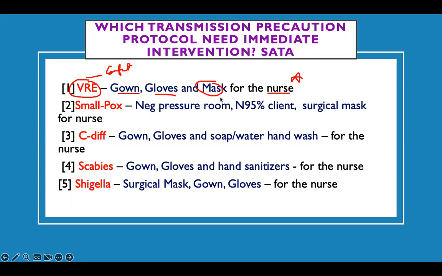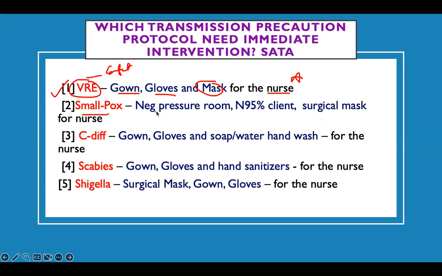But gown, gloves, and masks are appropriate. That's the appropriate way to do the procedure. We'll see them. This transmission protocol needs immediate intervention because you don't need one. You don't need a mask for somebody with a VRE.